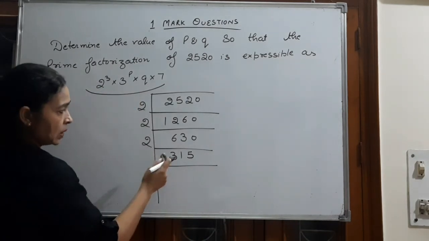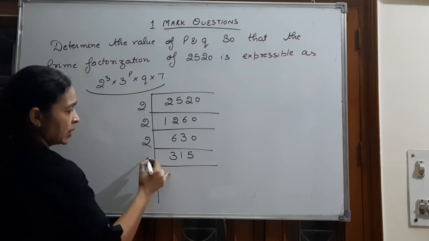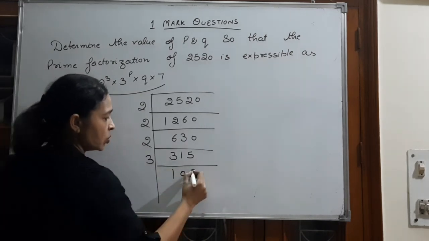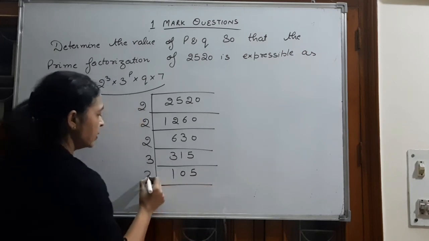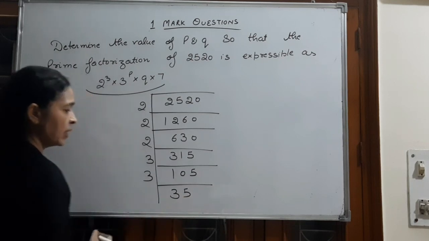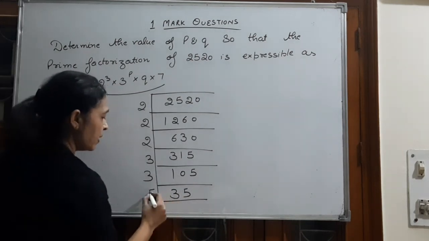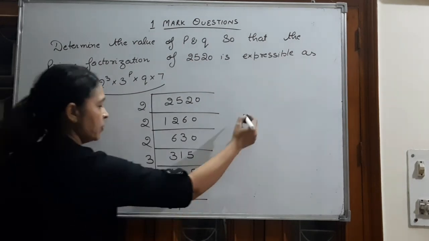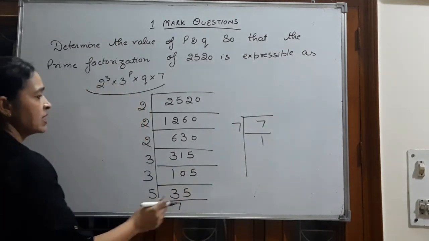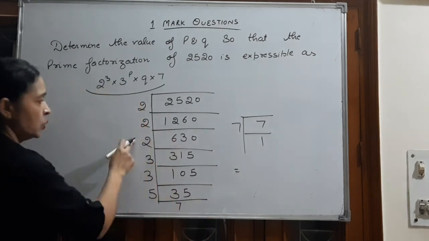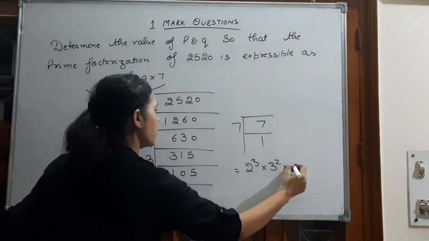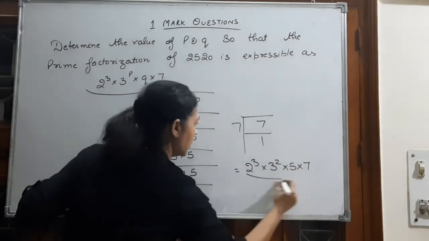Now with 3: 3 1s are 3, 3 5s are 15. Again divide by 3: 3 3s are 9, 3 5s are 15. Now with 5: 5 7s are 35, 7. Now 7 1s are 7. What is the prime factorization? 2 to the power 3 into 3 to the power 2 into 5 into 7.